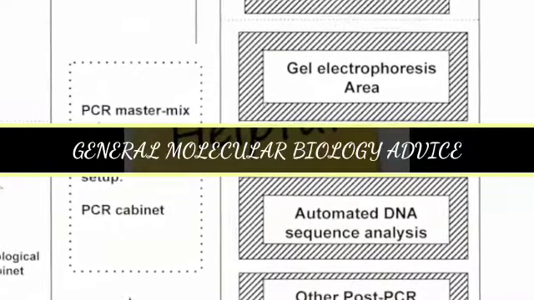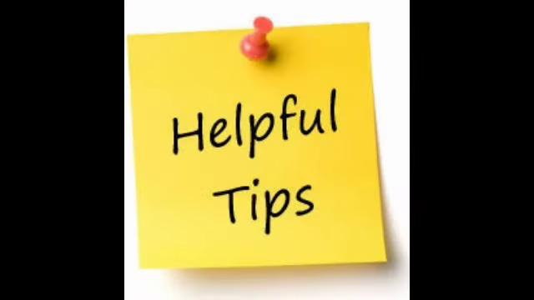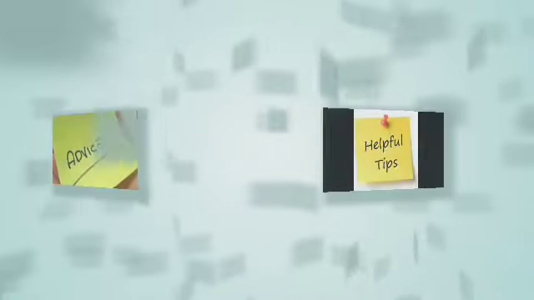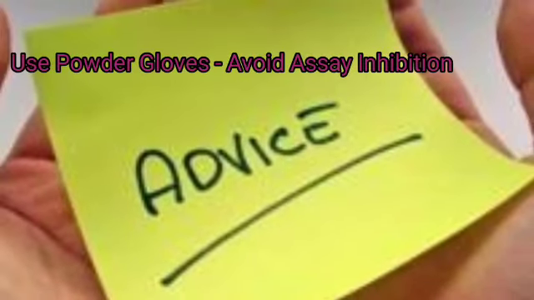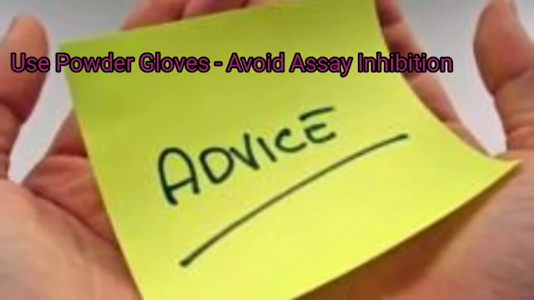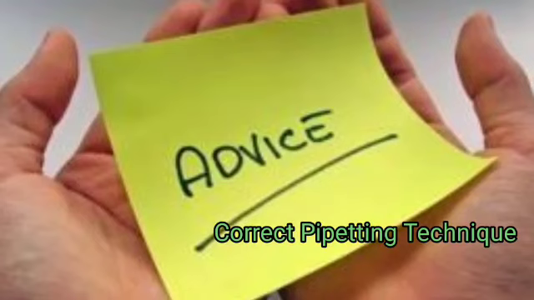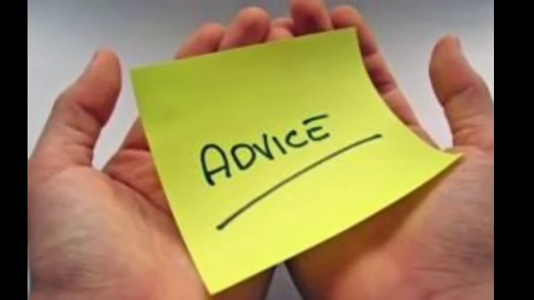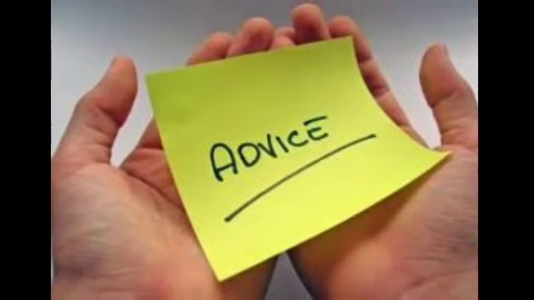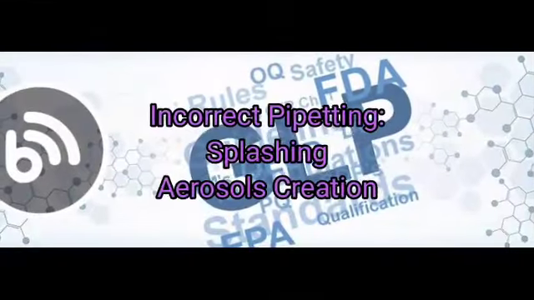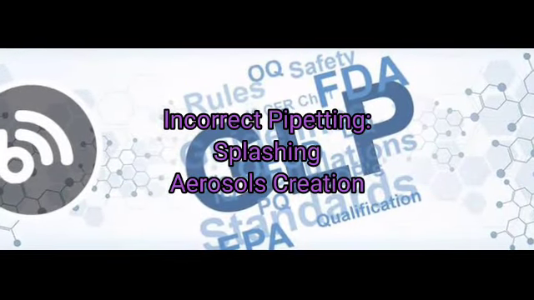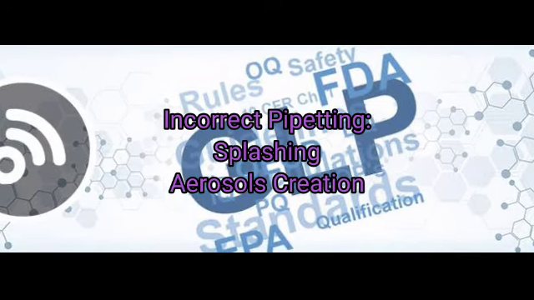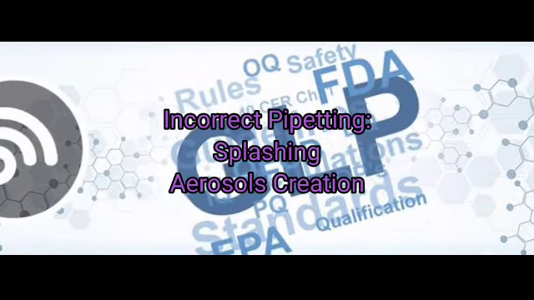Now we will see general molecular biological advice. Use powder-free gloves to avoid assay inhibition. Correct pipetting technique is paramount to reduce contamination. Incorrect pipetting can result in splashing when dispensing liquids, and that can create aerosol.